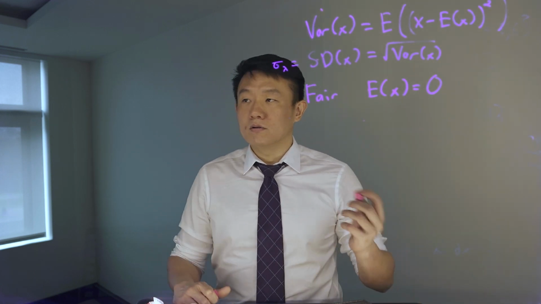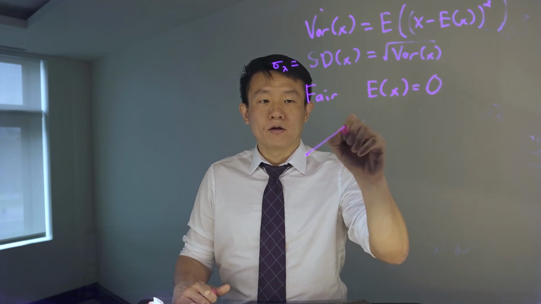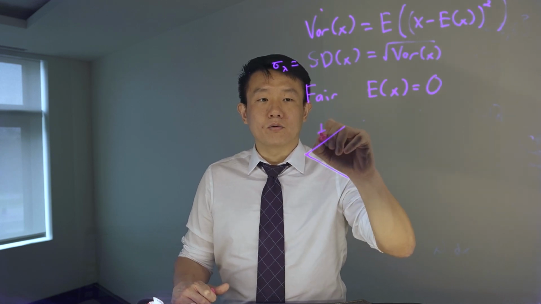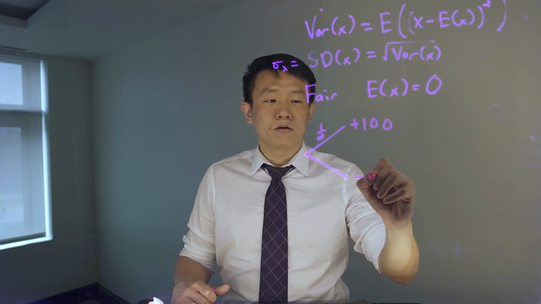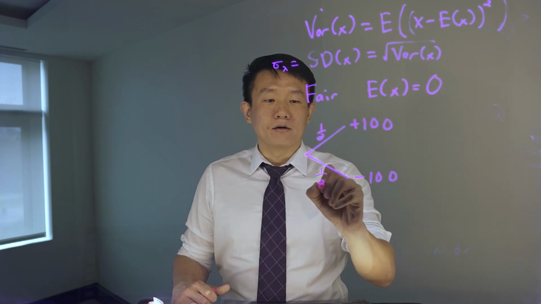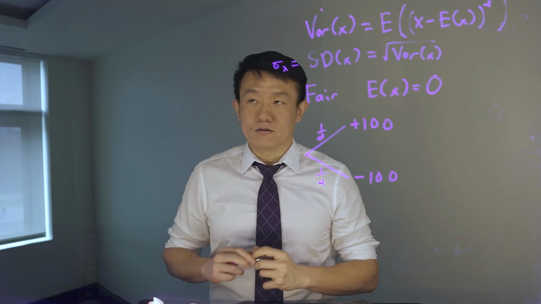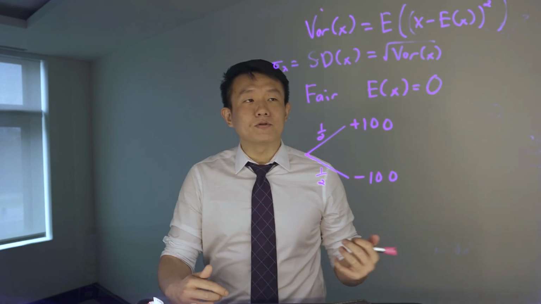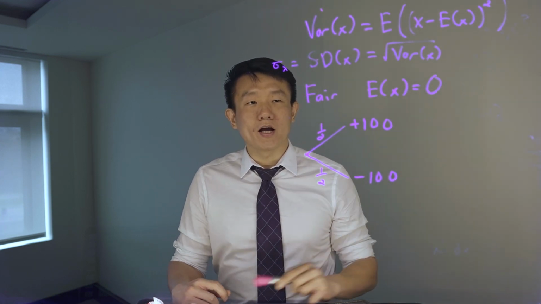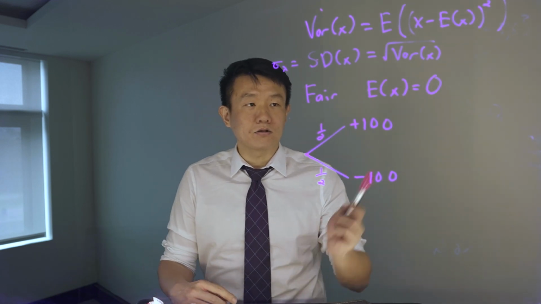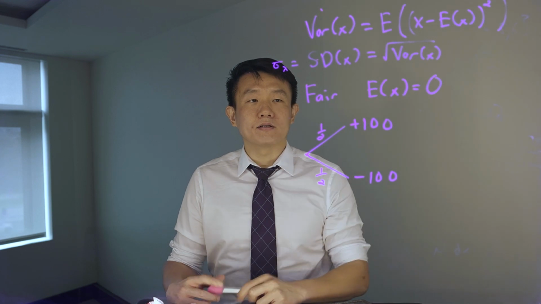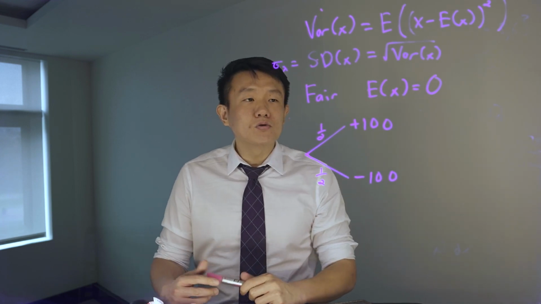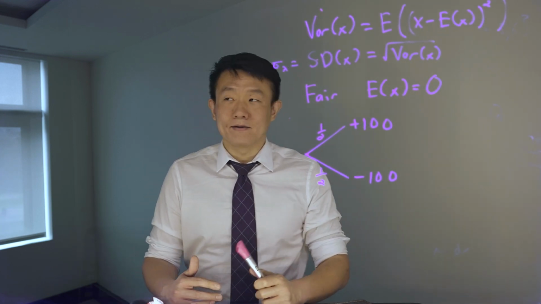So, for example, you could have a coin flip where on heads, so with probability 1/2, you would win $100 and on tails, you would lose $100. Now, we commonly observe that people would reject fair gambles like this. So if you are offered this particular bet, most people would decline.